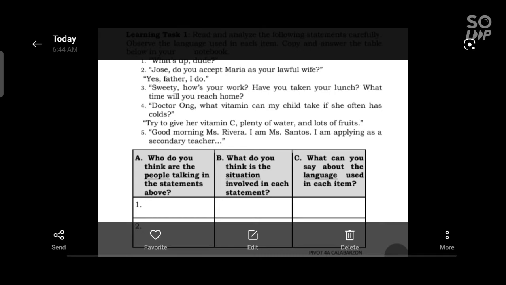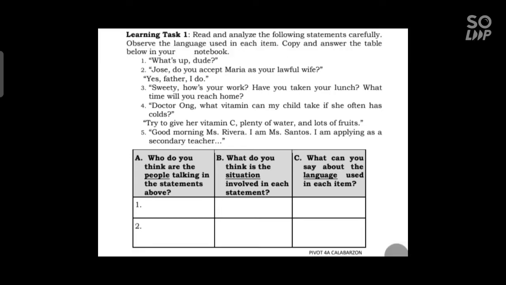For number 1, "What's up, dude?" Who do you think are the people talking in that statement? It could be friends. So number 1, you may write the word friends. Then what do you think is the situation involved?